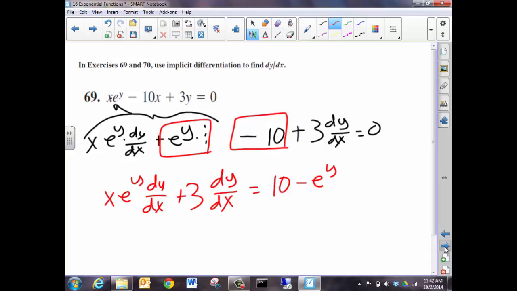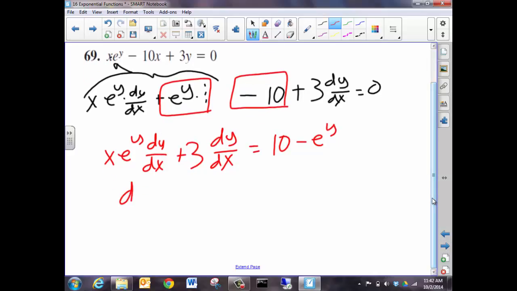Now, I take out a dy dx, factor out a dy dx. However you want to think of that. I'm going to take out a dy over dx. And I get x e to the y plus 3.